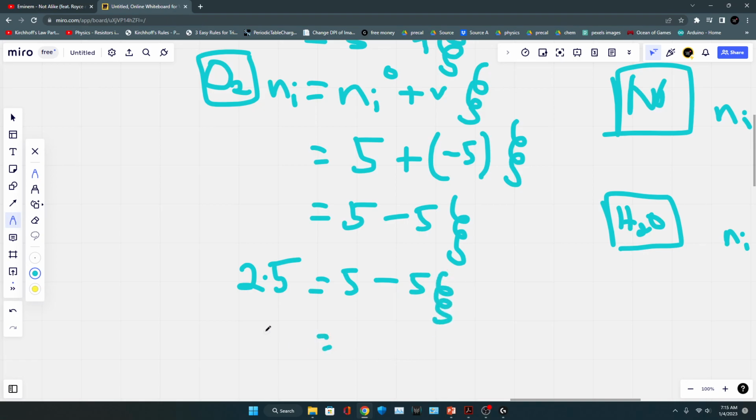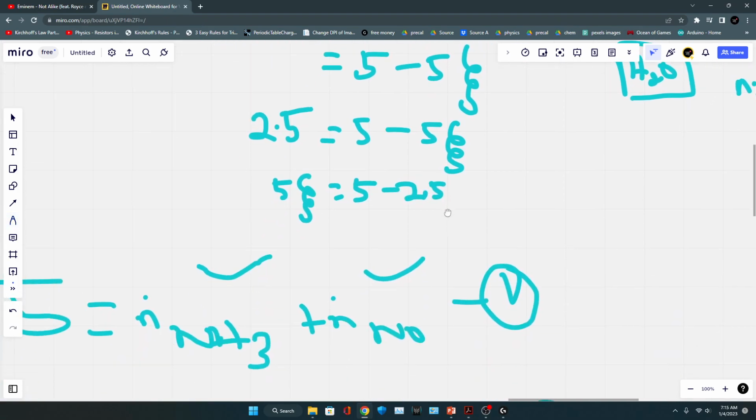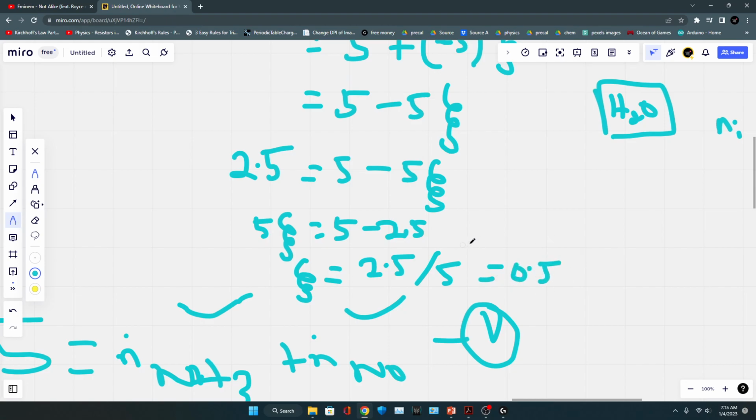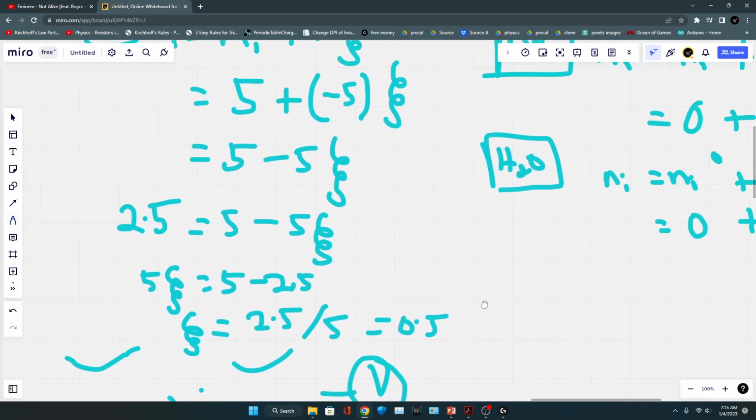So 5 xi is equivalent to 5 minus 2.5. So 5 minus 2.5 is equivalent to 2.5, and 2.5 divided by 5 is equivalent to xi, which is 0.5. So xi is equivalent to 0.5.